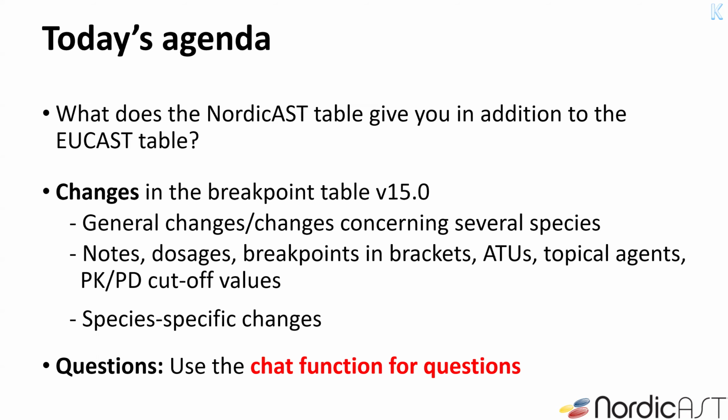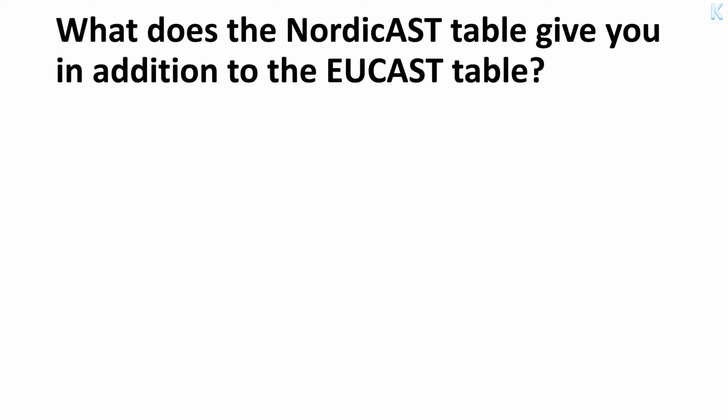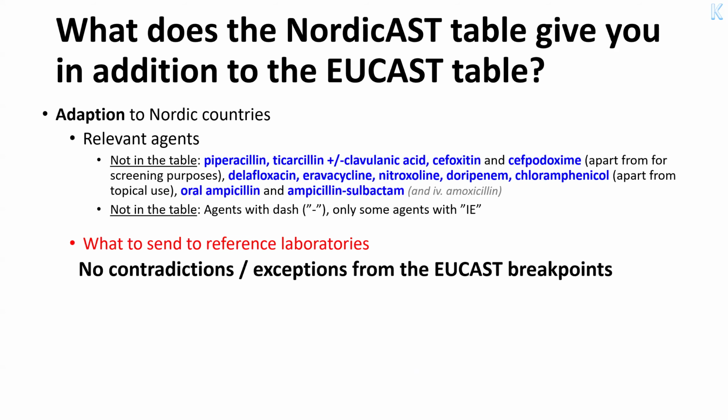We love questions. Okay. So just to remind you, what does the NordicAST table give you in addition to the UCAST? Well, we try to adapt to the Nordic countries. And one thing we do is we only use relevant agents.